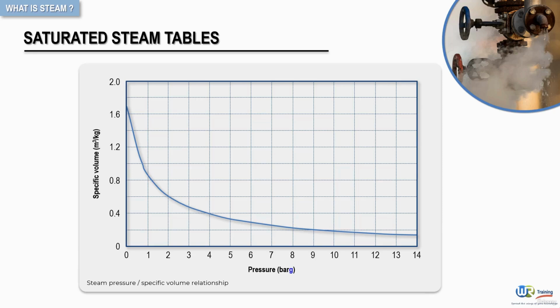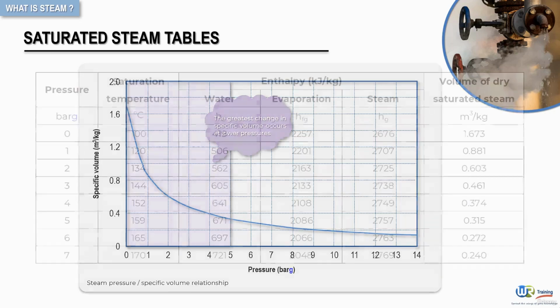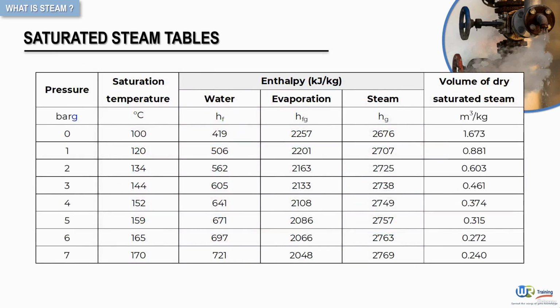This highlights that the greatest change in specific volume occurs at lower pressures, while at the higher end of the pressure scale, there is much less change in specific volume. The following extract from the steam tables shows specific volume and other data related to saturated steam.